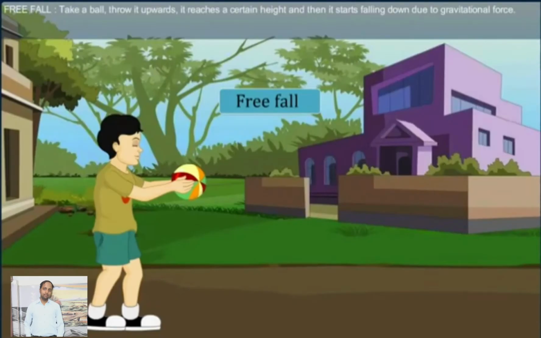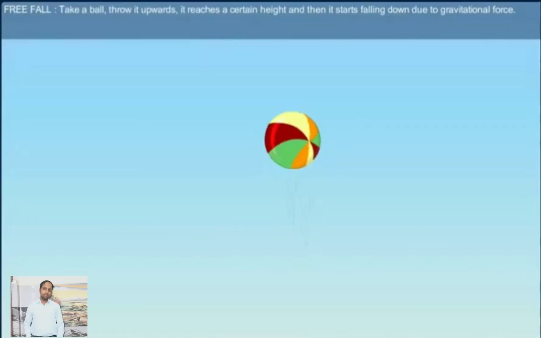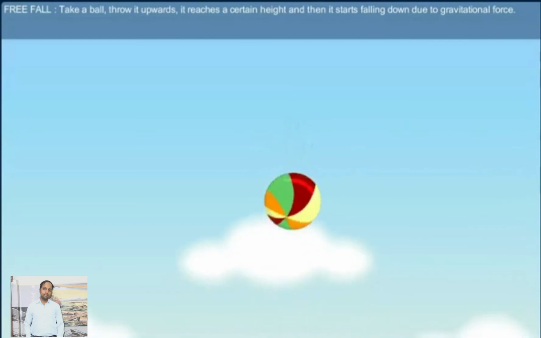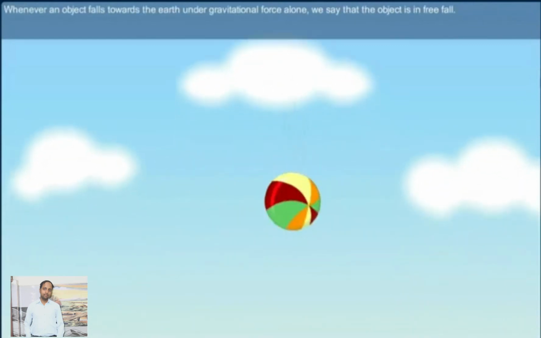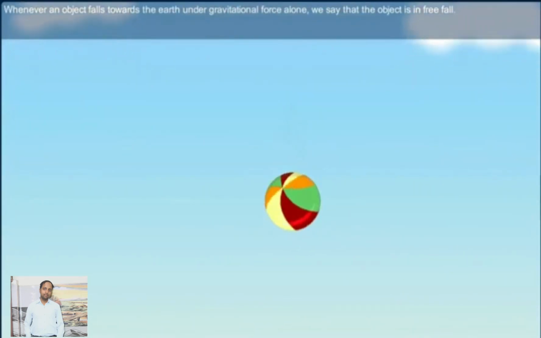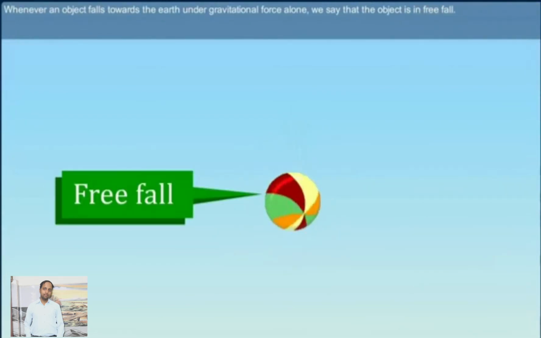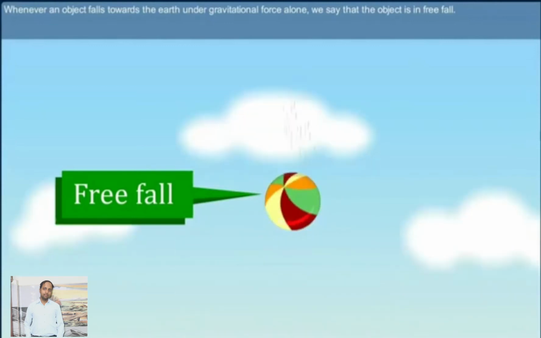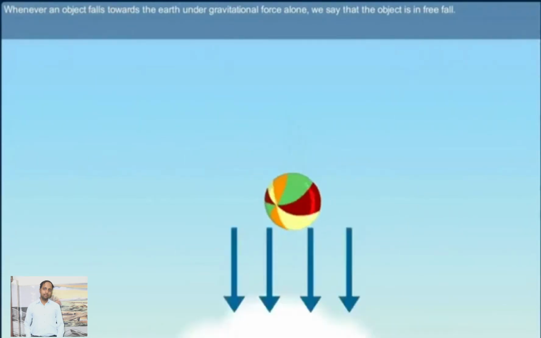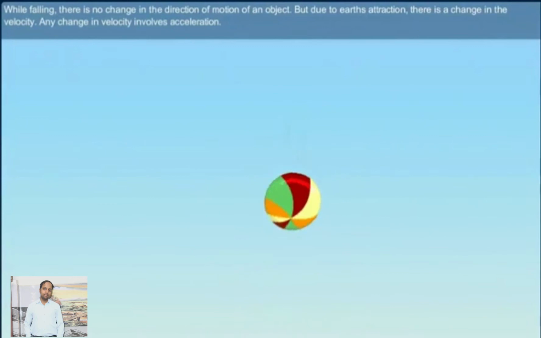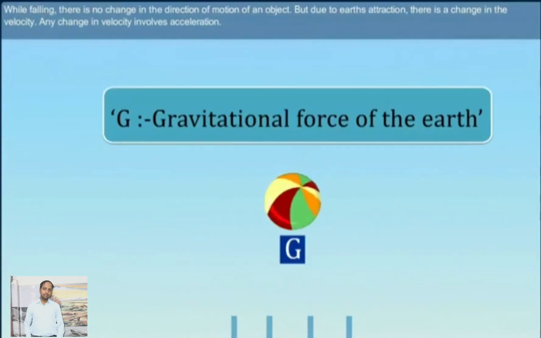Free fall. Take a ball and throw it upwards. It reaches a certain height, and then it starts falling down due to gravitational force. Whenever an object falls towards the earth under gravitational force alone, we say that the object is in free fall. While falling, there is no change in the direction of motion of an object.